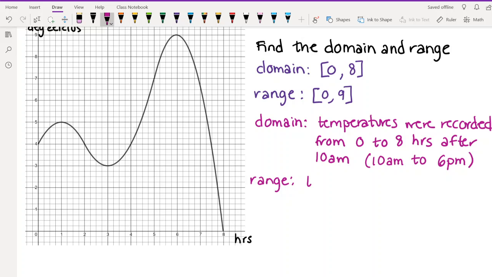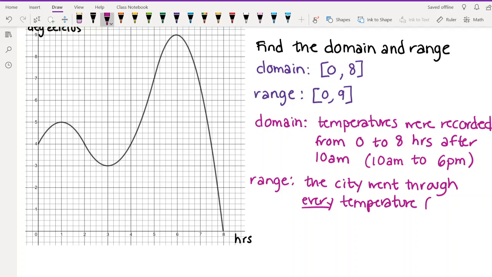And so that means that the city went through or experienced every temperature from 0 degrees Celsius to 9 degrees Celsius during the time period that it was being tracked.